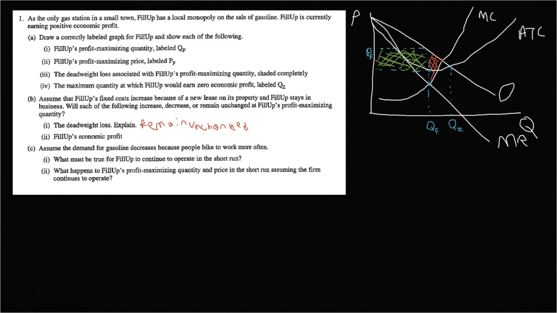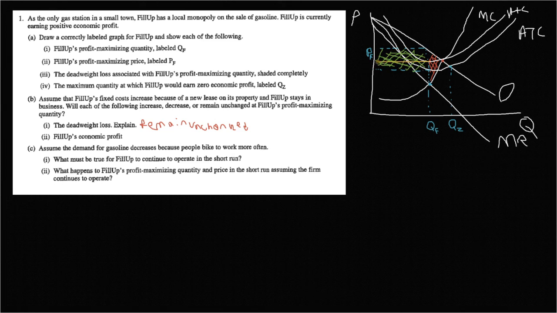However, because the average total cost is the total cost divided by quantity, if you increase the fixed costs, the average total costs would increase. So this would be our new average total cost curve, something like this. So you would go up to this point. I'll shade it in yellow now.